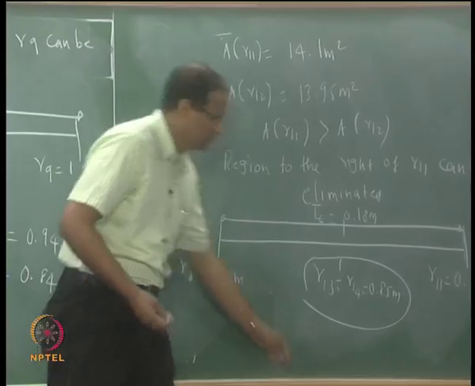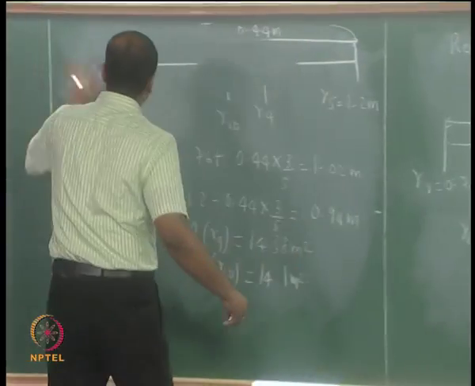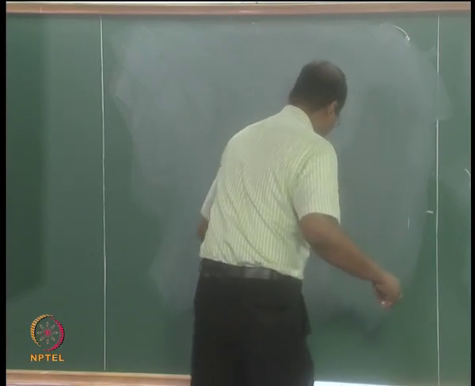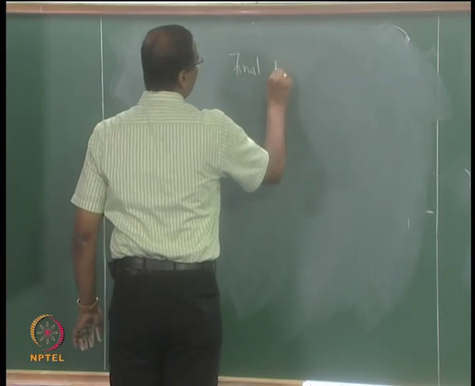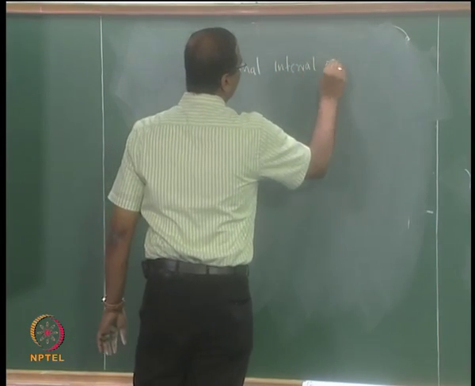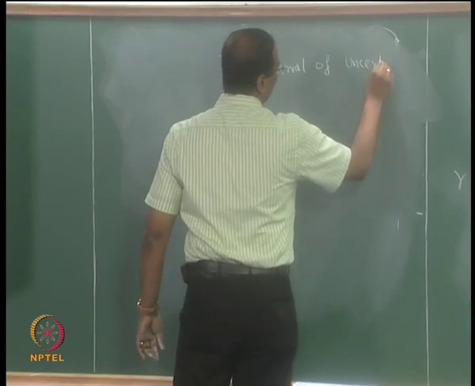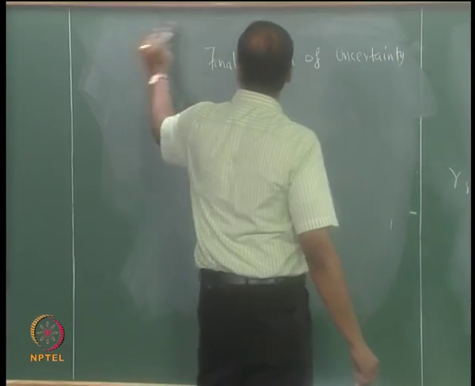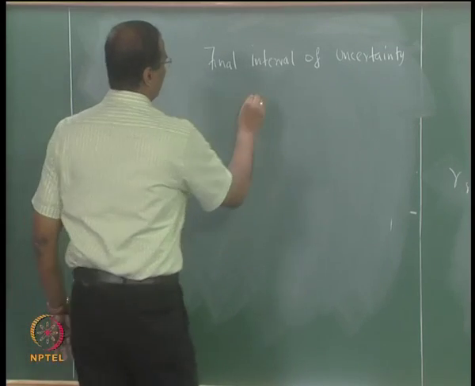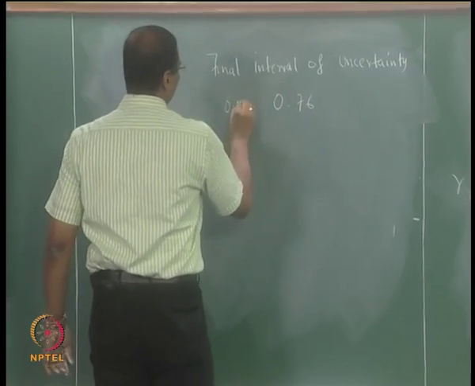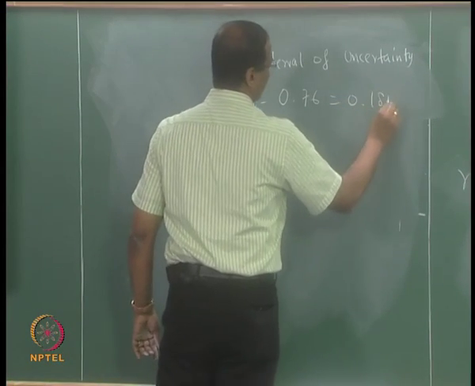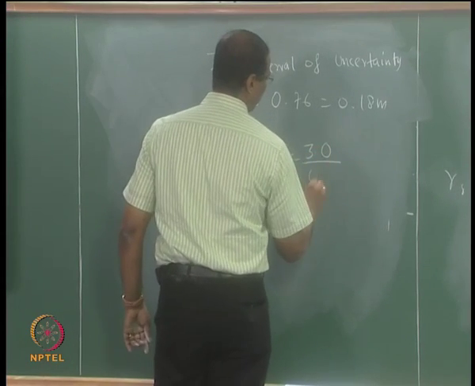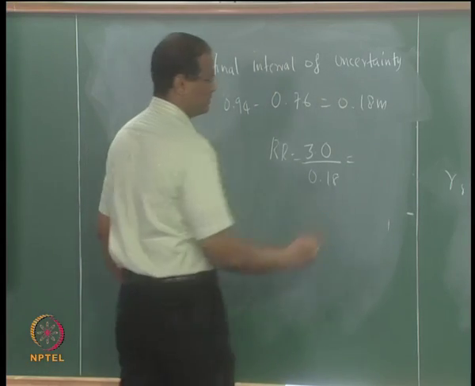You got an RR of... So final interval of uncertainty... So RR is, that is how much? 16.